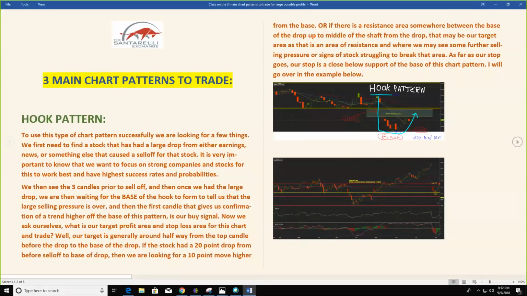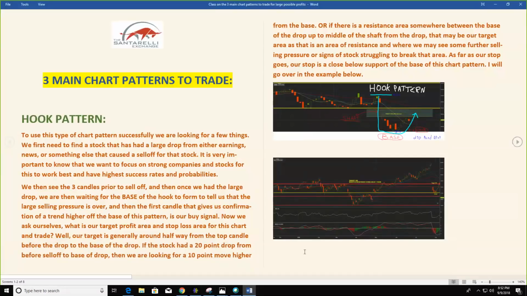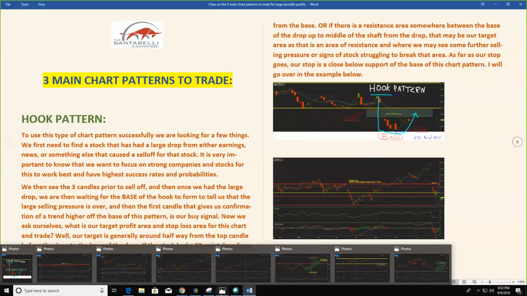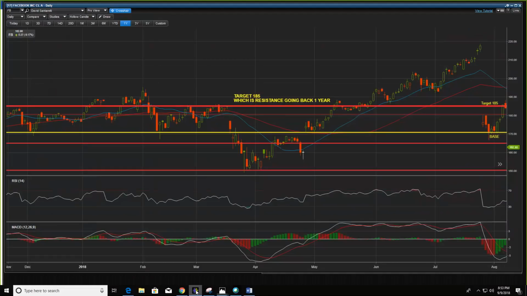So now let's go over a live example that we also traded, which was Facebook. I have these charts here, but I also have them down here to make them a little bit larger. So here is our chart on Facebook, which I also have here on eTrade Pro.